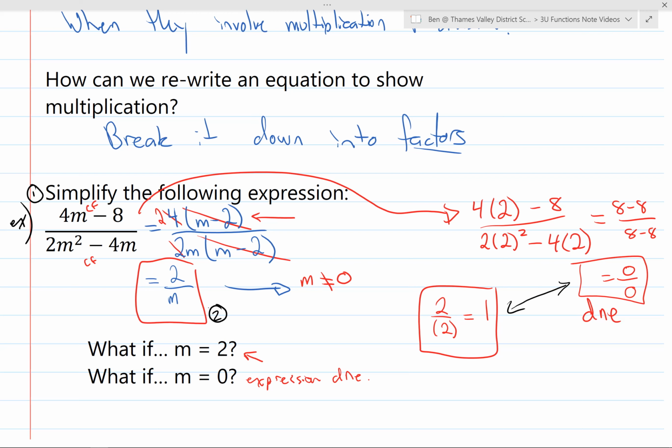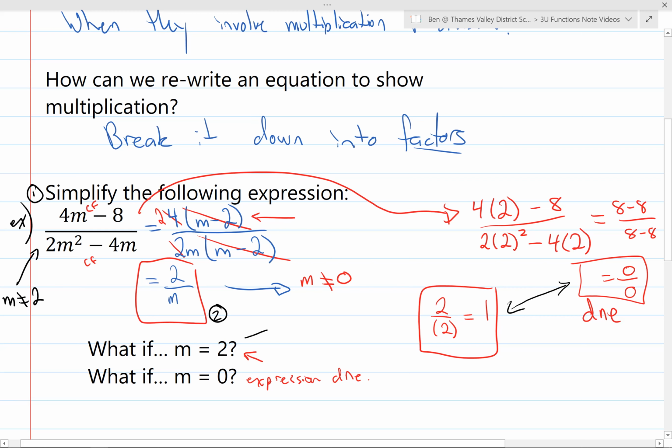So keeping that in mind, I need to consider if a certain value for my variable m caused a does not exist result at the beginning, then I would have needed to have that restriction. So I would have needed to say, okay, from here, m cannot equal 2. Well, how can I know where that 2 is?